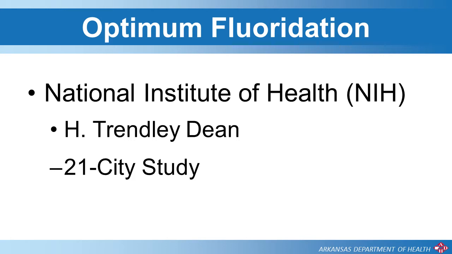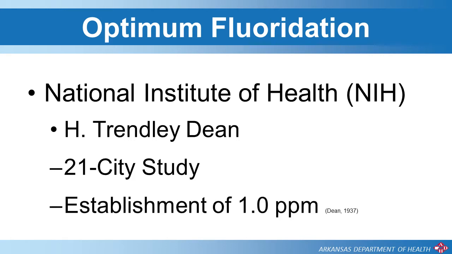His research changed to seek what concentration level would provide the strengthening effect without changing the appearance of the teeth, which he now called dental fluorosis. After much more research and comparison, the team settled on 1 part per million as the ideal level for fluoride.